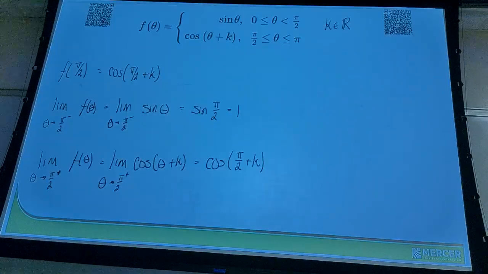Those two one-sided limits must be equal to be continuous at pi over 2. So cosine of pi over 2 plus k has to be 1.